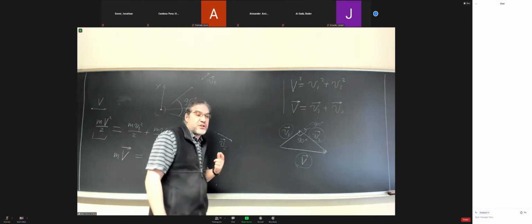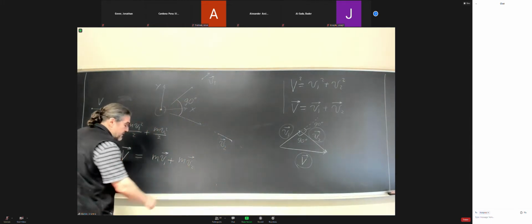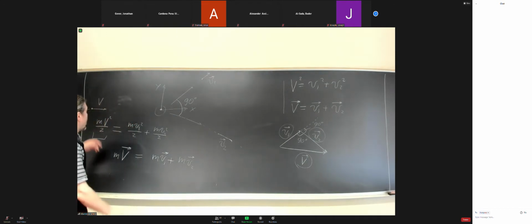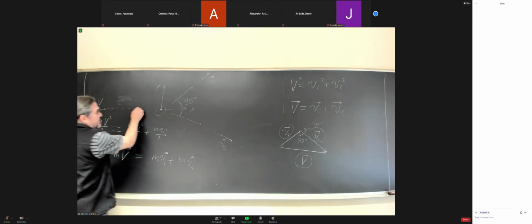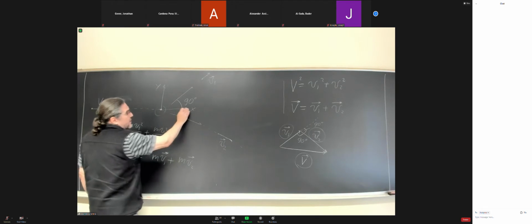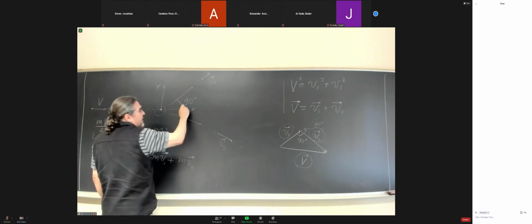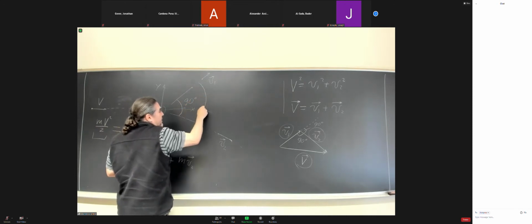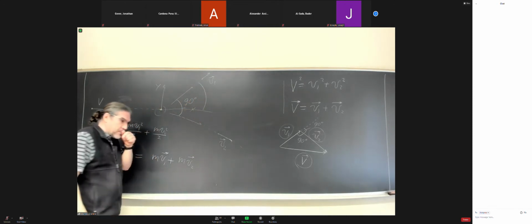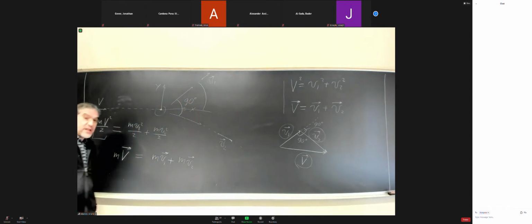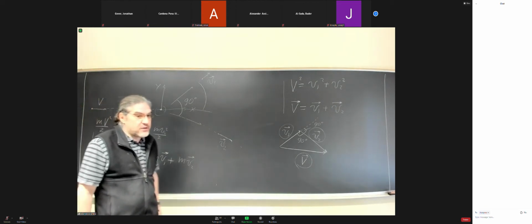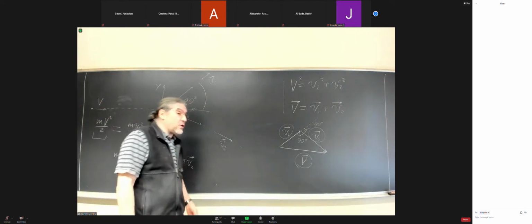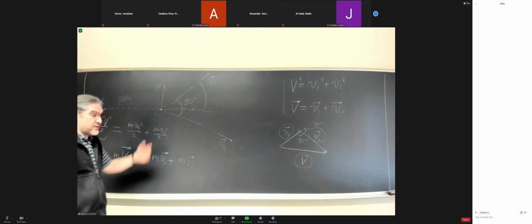Not every question can be answered this way. For example, I could ask you a different question. See that this is the line of initial velocity. And I could ask you, what is the angle between the initial velocity and, say, the velocity of the particle now? This question cannot be answered with conservation laws, although conservation laws actually help to answer it.